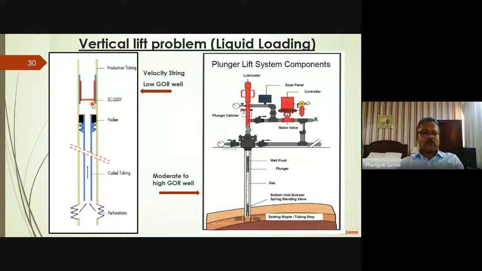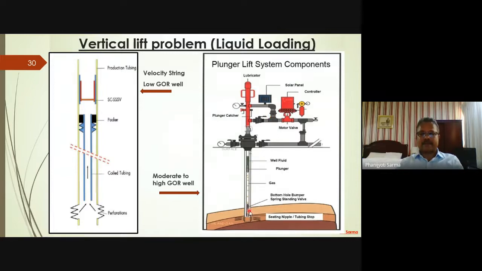The immediate solution could be to put in a velocity string so that we increase the velocity in the tubing and the formation fluid can be produced. Or in a moderately high GOR well, we may decide to install the plunger lift system.